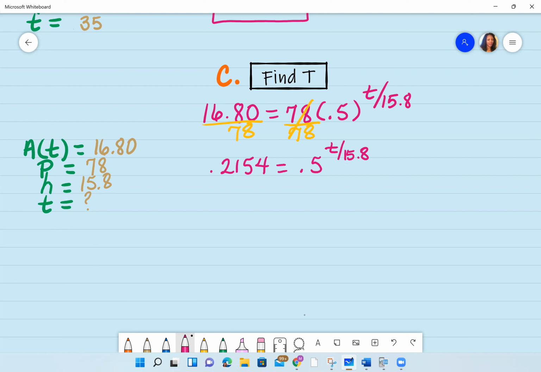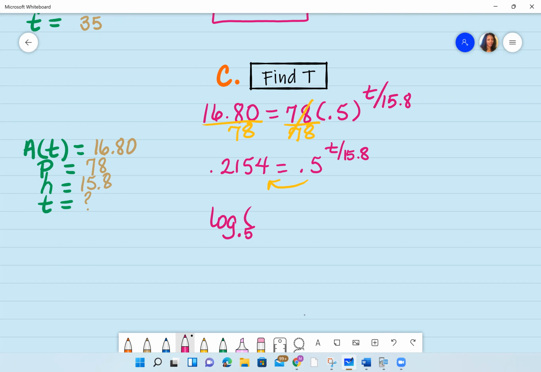You have 2 options here. What you could do, well, I'll come back to that in the end. I'm just going to show you the way that you would normally do it. What you would do is rewrite this, since this is an exponent, rewrite it as a log. So log, whatever my base of my exponent is, that's also the base of my log, which is 0.5.